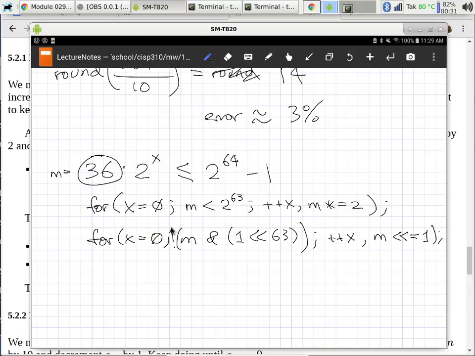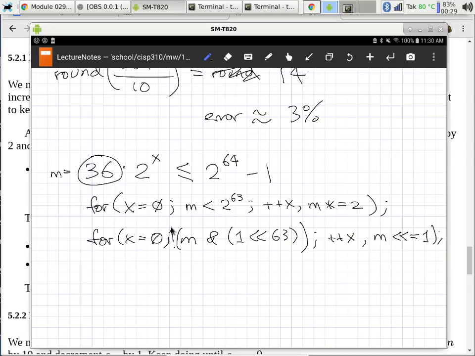Yep. So for doing the two less than symbols, that just means you're shifting it to the next bit from 63. So you mean the less than operator? That's known as the left shift operator. So it takes 1, which is the least significant bit being a 1 and everything else being zeros, right?